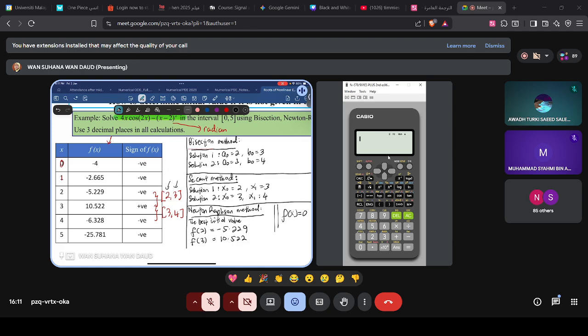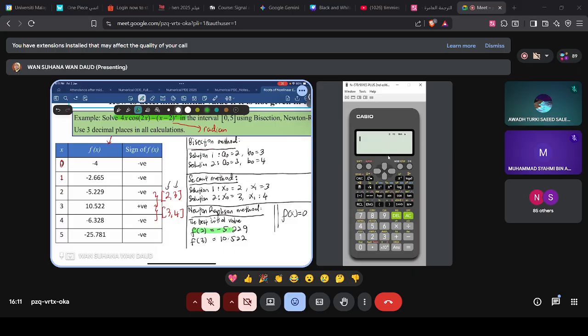So, of course, to get the solution faster, you have to choose the initial value that, when you substitute into fx, is close to fx equal to 0. So now you have negative 5, you have 10. Which one is closer to 0?